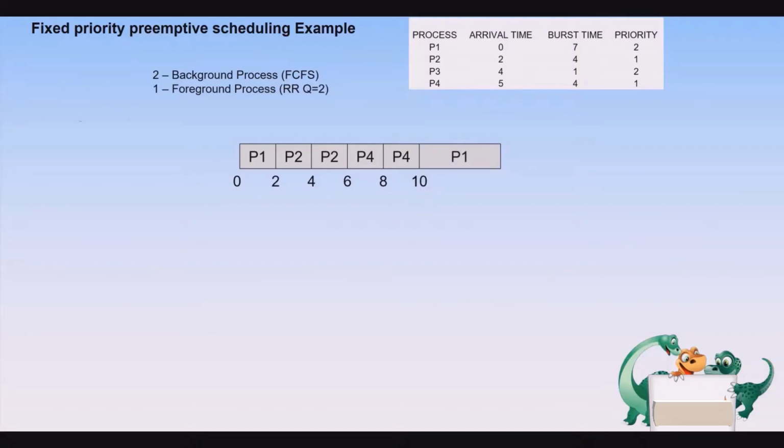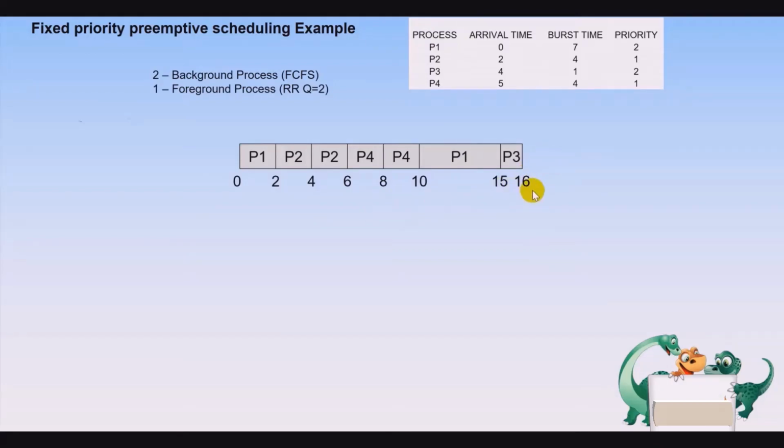From here, after 2 milliseconds, we know that P1 was preempted and has 5 milliseconds remaining. So that 5 milliseconds will be executed, resulting in 15, and then after 15 milliseconds, process 3 with a burst time of 1 will be executed. So this will end at 16 milliseconds.